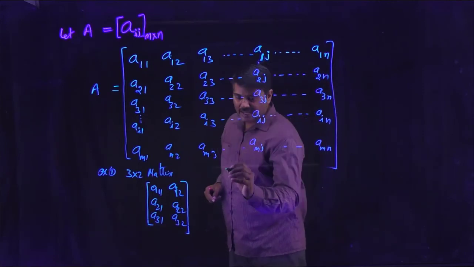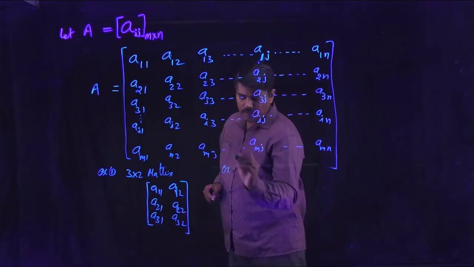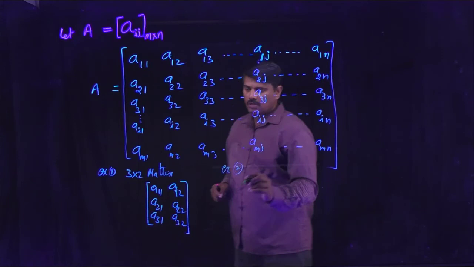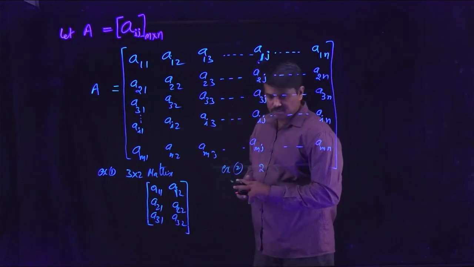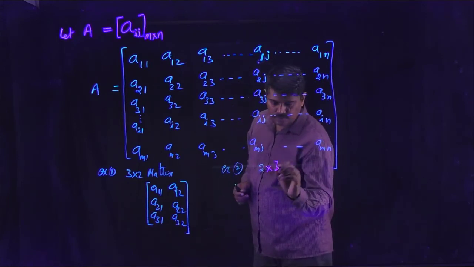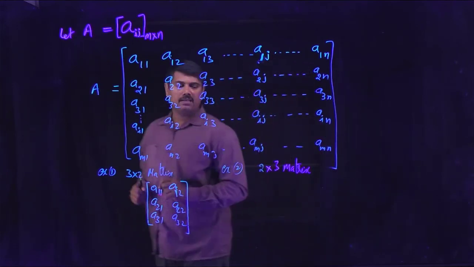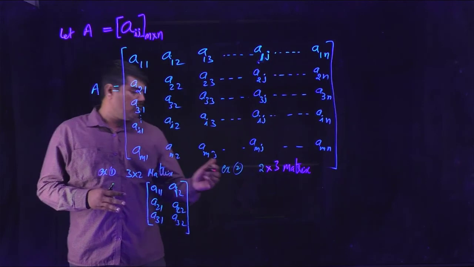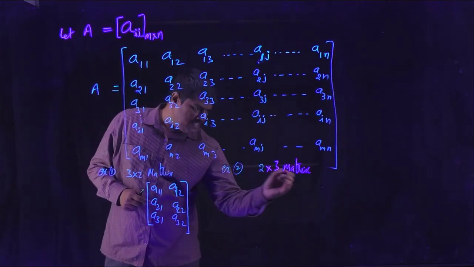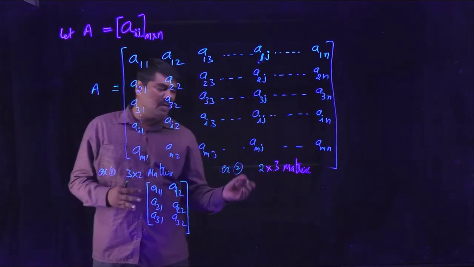Now try another example. Example 2. Construct a 2 by 3 matrix. So a 2 by 3 matrix consists of 2 rows and 3 columns.